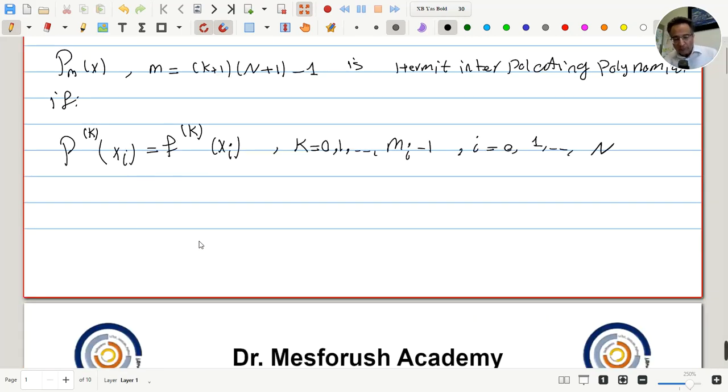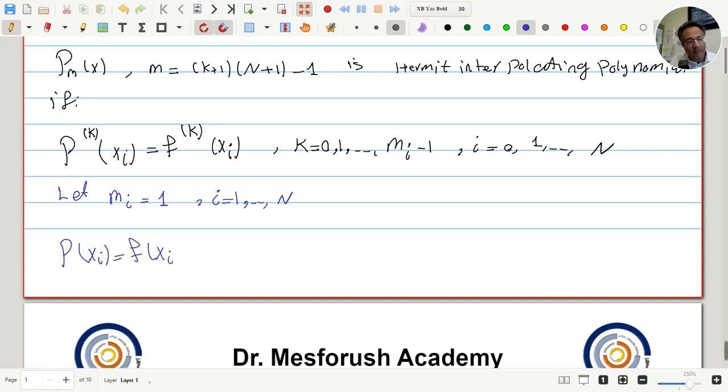Now in the continuation we let m_i be equal to 1 for i equal to 1 to n. So in this case, the Hermite interpolating polynomial is a polynomial like P_m such that p of x_i is equal to f of x_i.